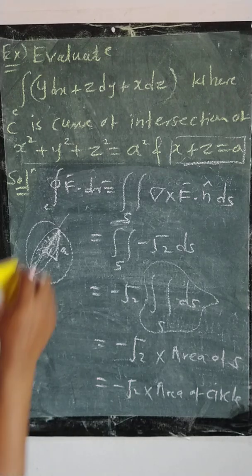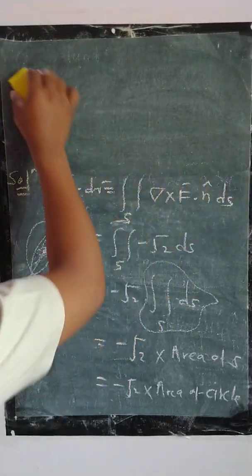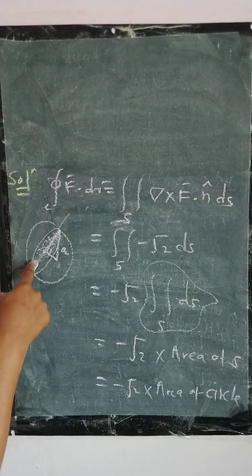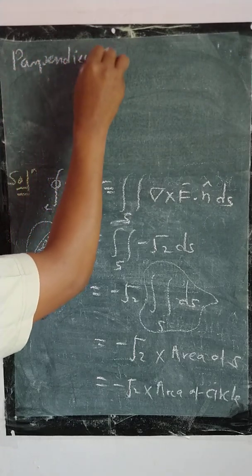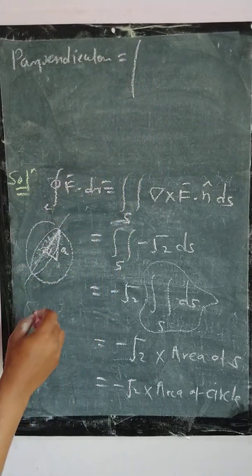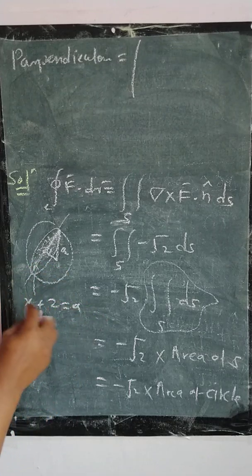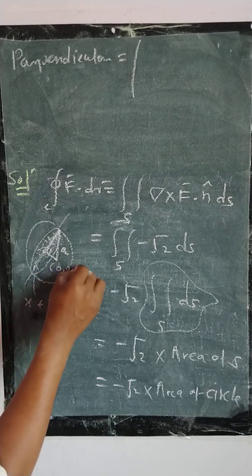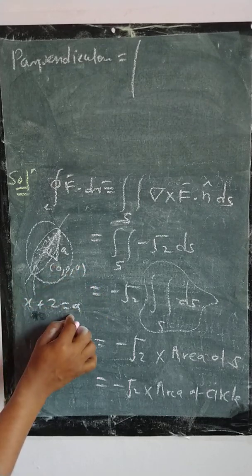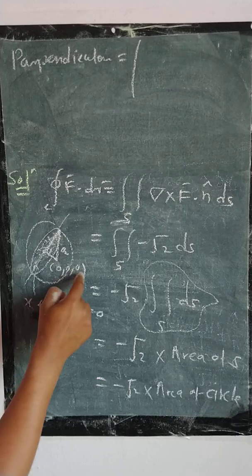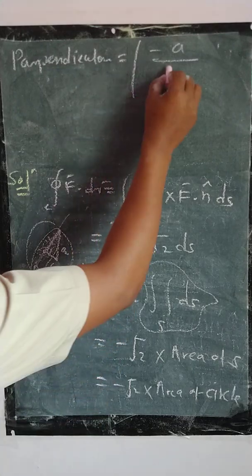Because this circle is lying on the plane, the perpendicular is equal to the equation of the plane, which is x plus z equals a, evaluated at the center of the sphere, with coordinates 0, 0, 0. So the equation of the plane at this point is 0 plus 0 minus a, which is minus a, upon the square root of 1 plus 1, which is root 2.